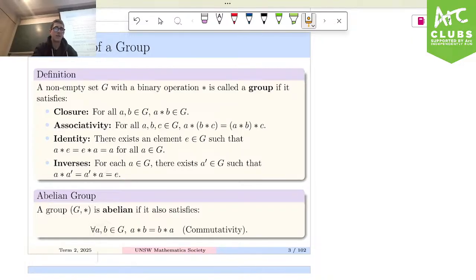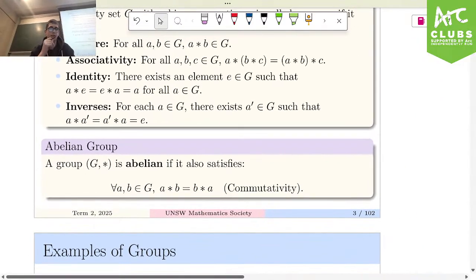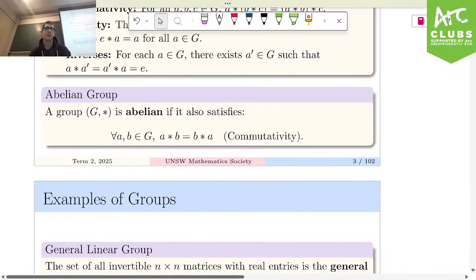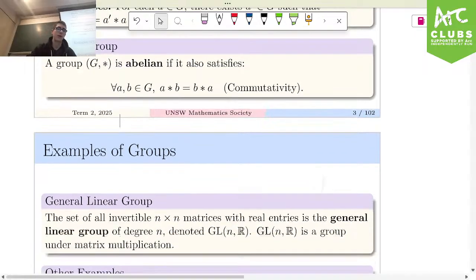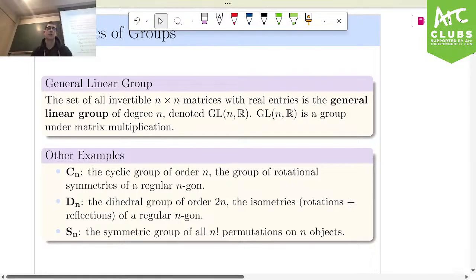Okay. The last definition we need just for now is the definition of an abelian group. An abelian group is where the operation is commutative, meaning A star B is the same as B star A. It's not always true that groups are abelian, because there are examples of non-abelian groups. An example is the general linear group, the group of all invertible n by n matrices.